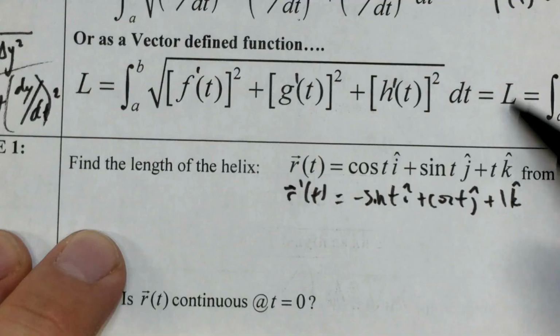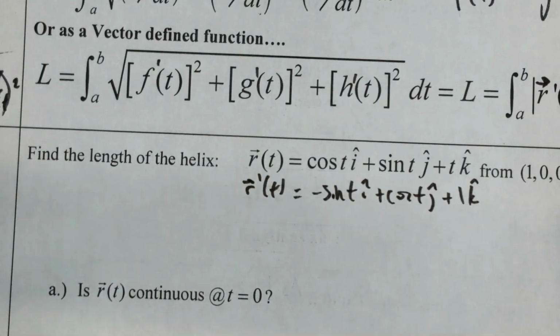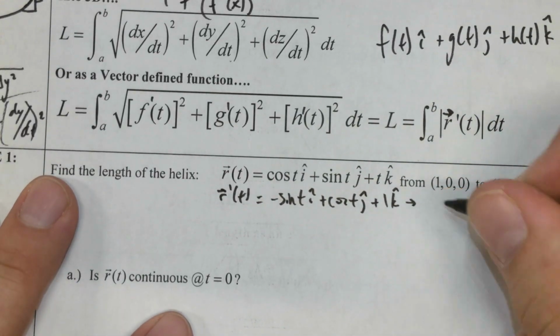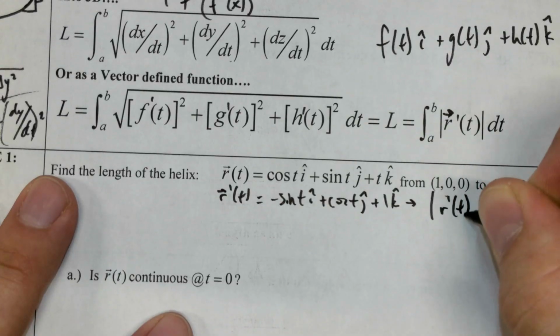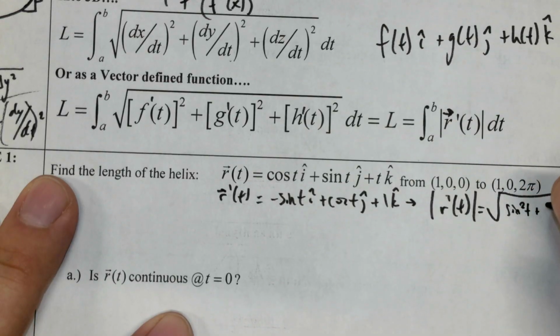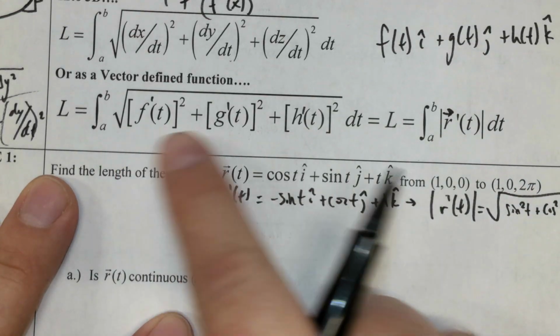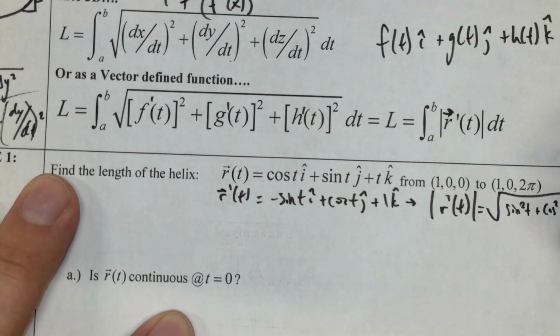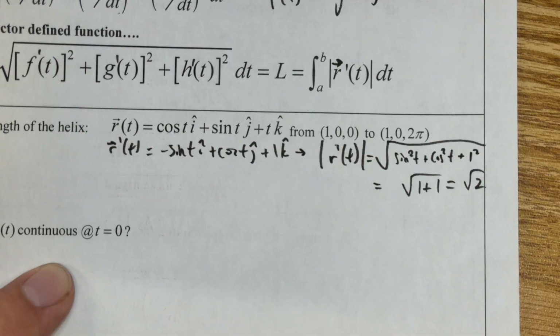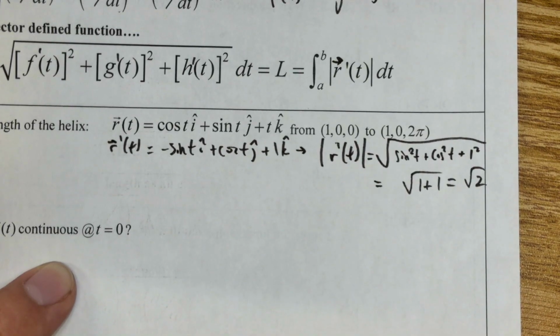When I take that magnitude to get that curve length, as seen in this formula, I would get sine squared plus cosine squared, because I'm squaring the derivative components, plus 1 squared. Well, sine squared plus cosine squared is 1, and 1 squared is 1. So that value is just equal to 2, square root 2 in this case.